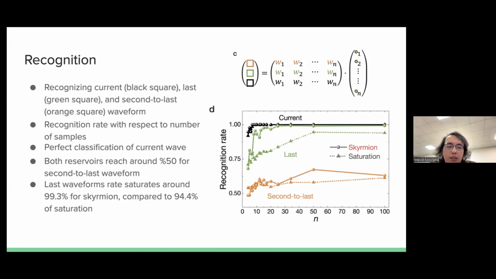The final saturation recognition rates are 94.4% for the saturation state and 99.3% for the Skyrmion state. So we can see that this RC device is working quite optimally and cool, I think.